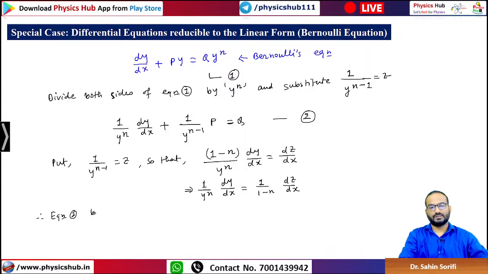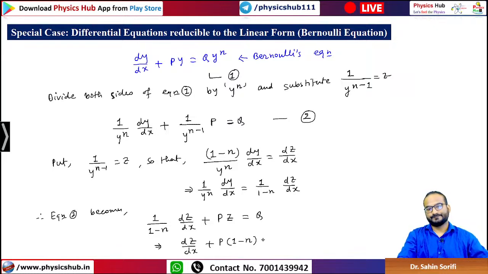Equation number 2 becomes 1 by (1 minus n) dz by dx plus pz equals q, or dz by dx plus p times (1 minus n) into z is equal to q times (1 minus n).